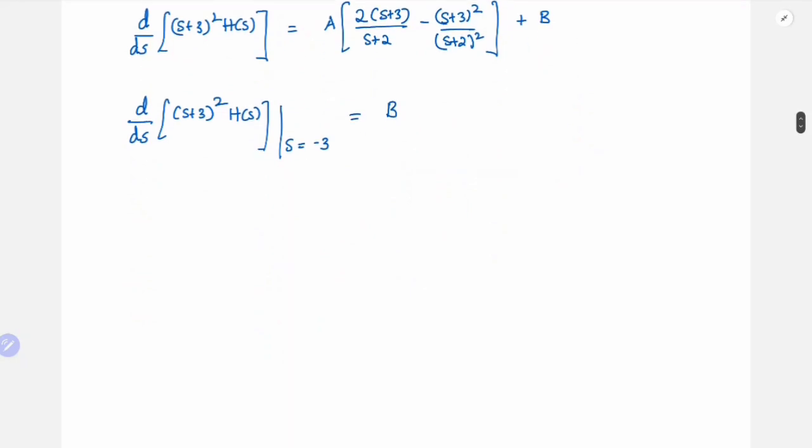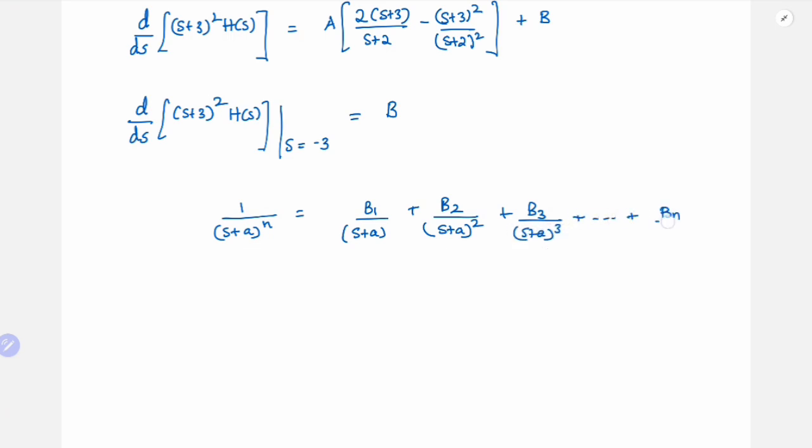If it is like power n, if you have something like 1 by (s plus a) power n, then I can write it as b1 by (s plus a) plus b2 by (s plus a) square plus b3 by (s plus a) cube, and so on until bn by (s plus a) power n.